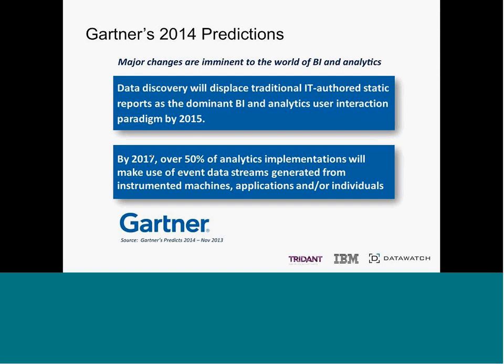Gartner is predicting that the applications that are leveraging real streaming data, real-time data, to drive faster analytics and faster decisions are going to be growing extremely quickly, as you can see here, by 2017.